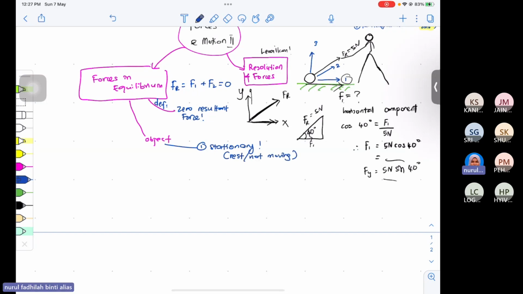Or boleh jadi the object is moving, but moving with what? Constant velocity. Jadi keyword dia sama ada objek tu rest ataupun dia moving, dia bergerak, tapi dia mesti moving with constant velocity. Okay, kita tengok contoh.